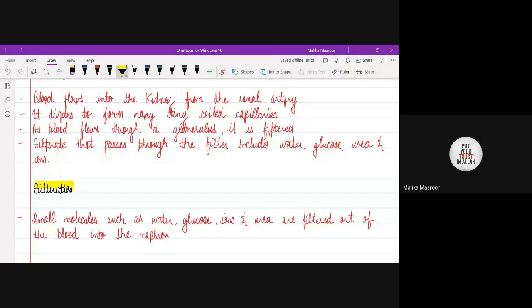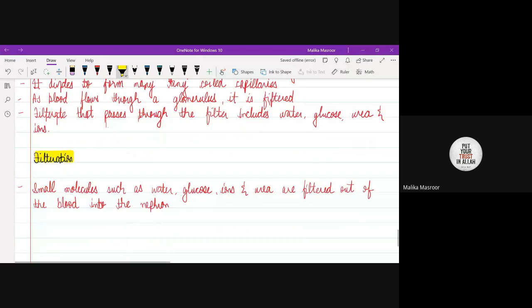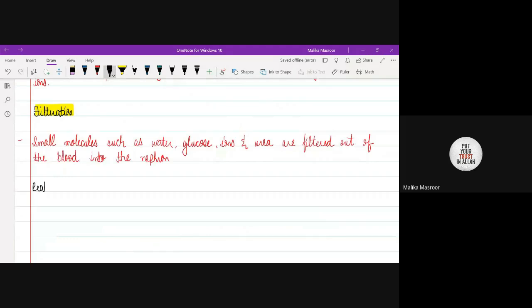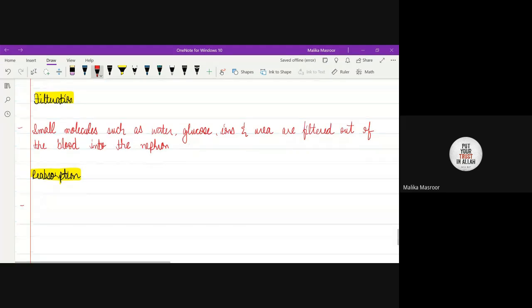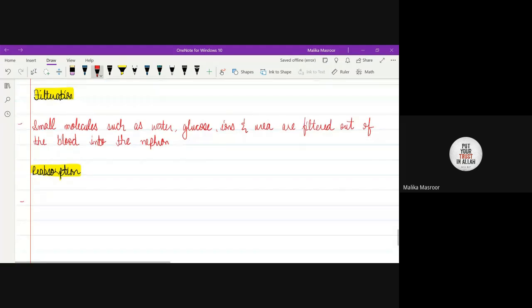Second is your reabsorption. So some substances that are waste are lost from the body, for example, urea, excess water, ions. Okay. However, some of the substances are not waste. Okay.